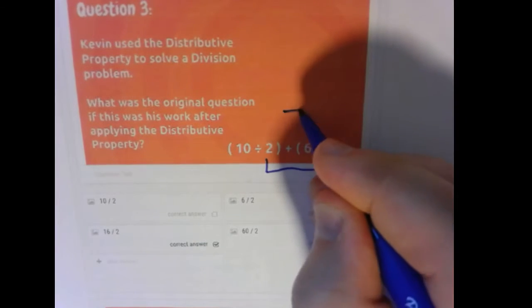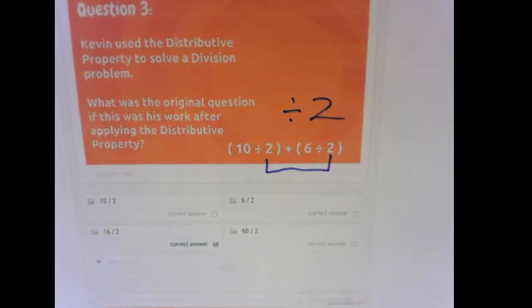Okay, so Kevin used the distributive property to solve a division problem. What is the original equation if this was his work after applying the distributive property? What we're looking for is to identify the common thing that we're dividing these by, and that's the clue that we're dividing something by 2.